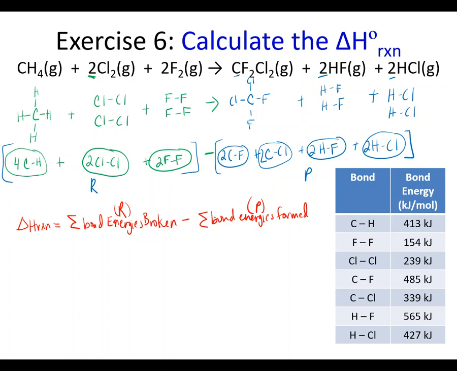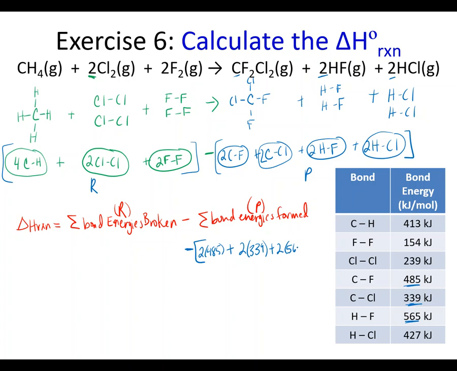I'm going to start with the bond formation because I'm already in blue, so I'm going to start here with the subtraction part. So 2 C to F's. Well, C to F, I look at my chart as a bond energy of 485. So 2 of these 485s, multiply that, plus 2 of my C to Cl's, that's this 339, plus 2 of my HFs, that's 565.